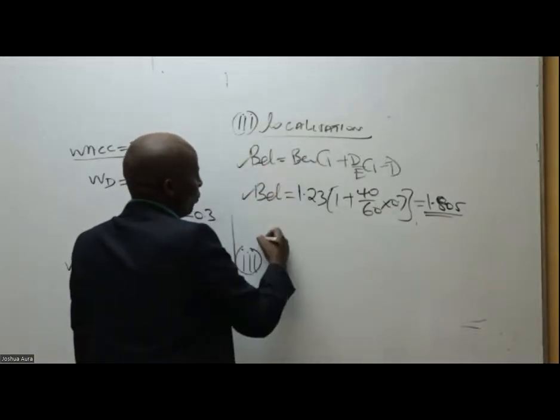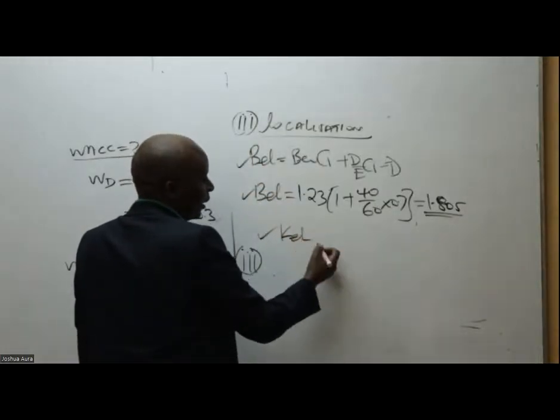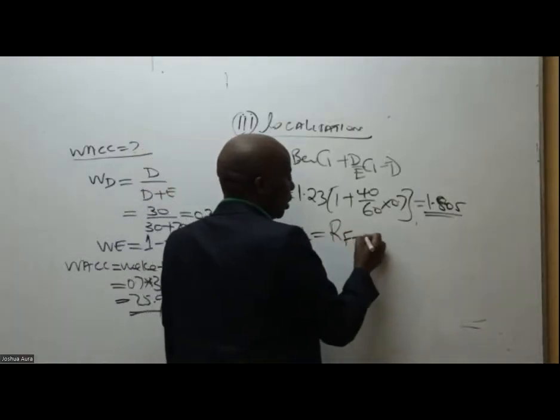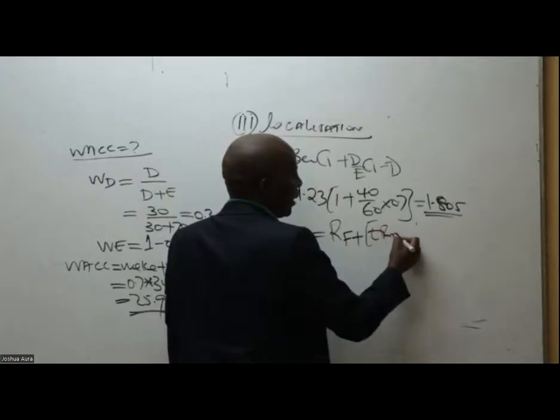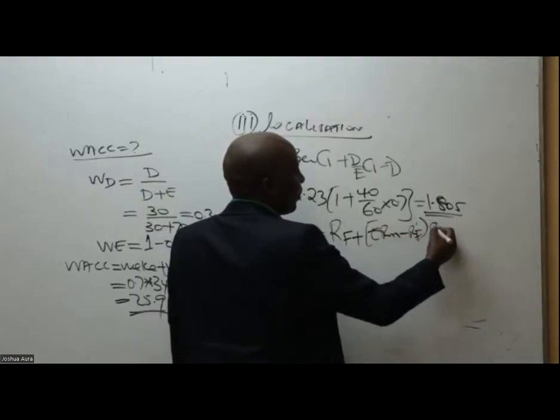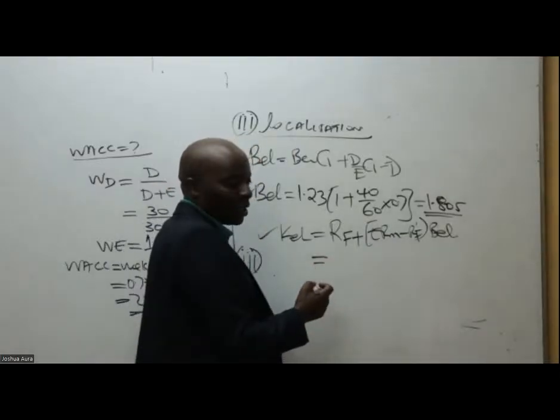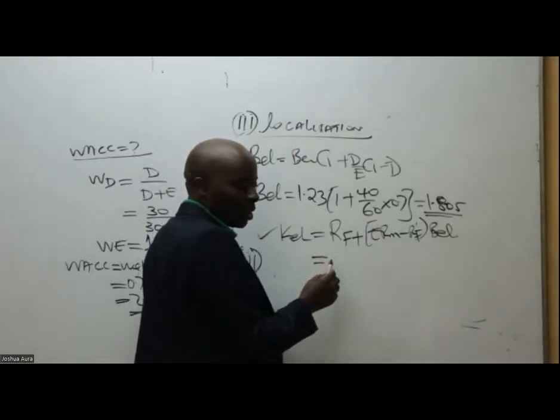Ladies and gentlemen, the next thing is the CAL for the organization. I'm using CAPM. It is risk-free plus returns of the market minus risk-free, multiplied by the BEL of the organization. Risk-free is what percentage?